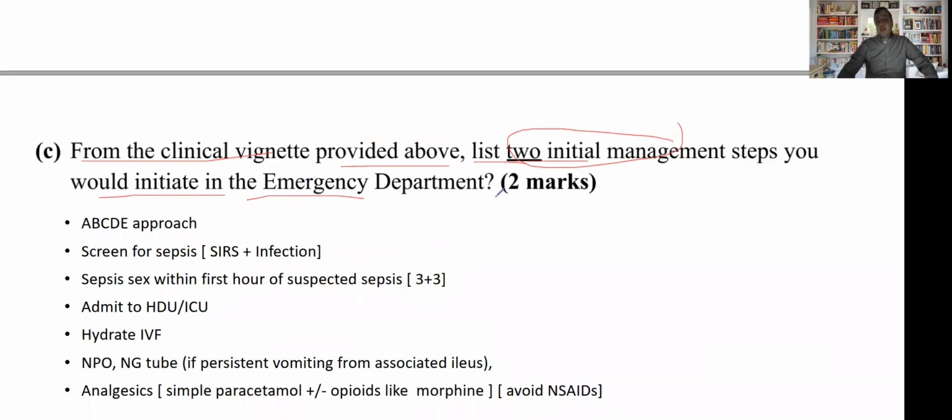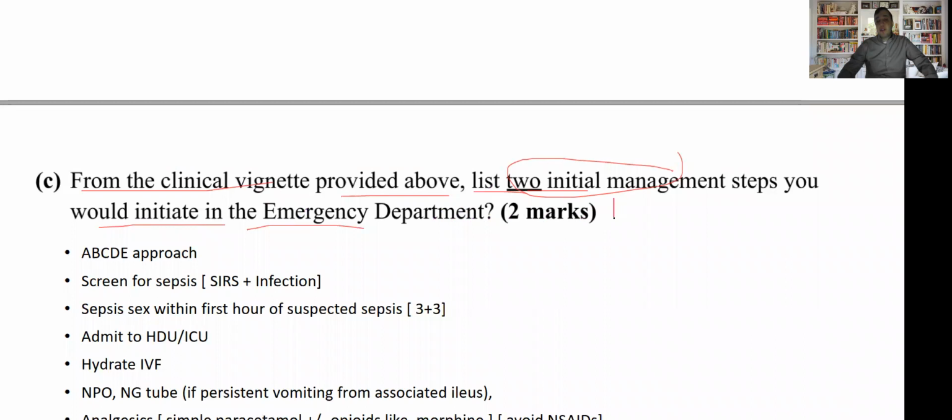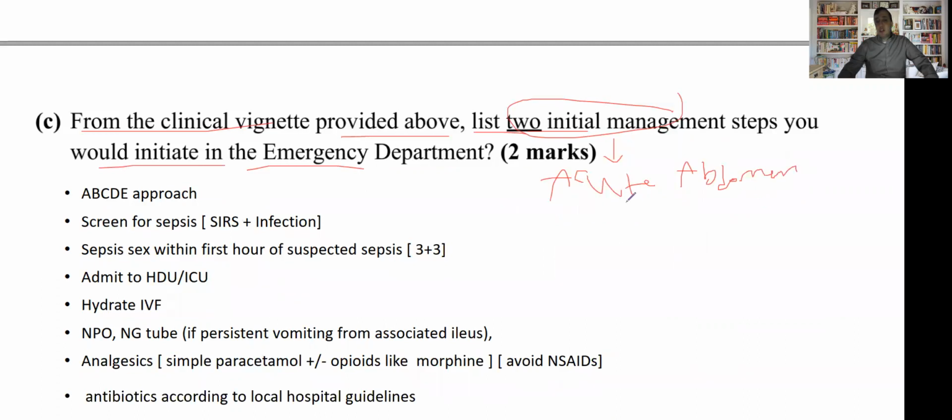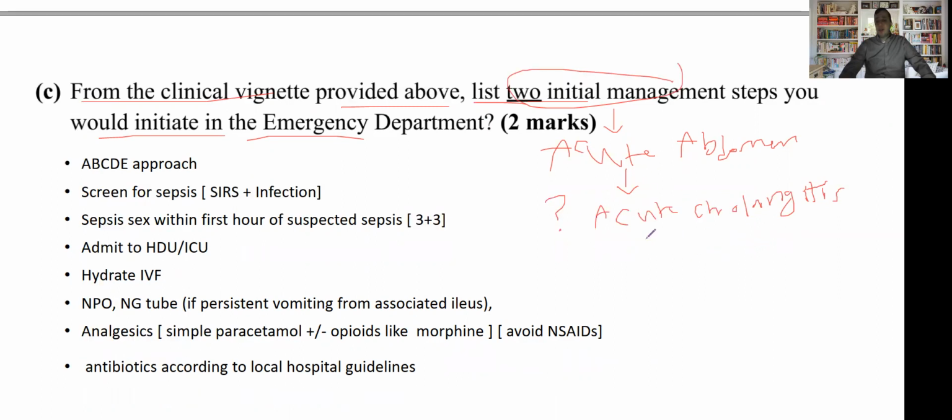So here we have a patient presenting with acute abdomen, and the patient, query, has acute cholangitis, all of this based on the clinical data in the stem of the question.